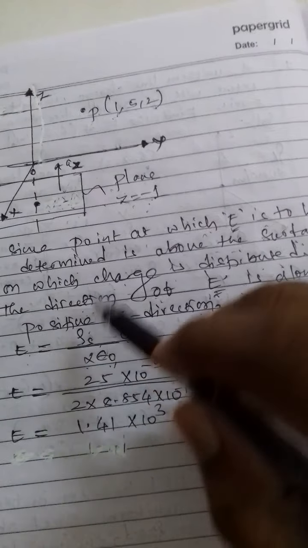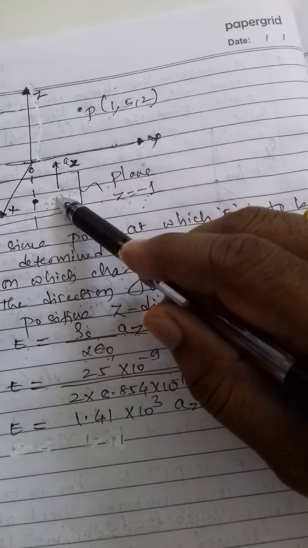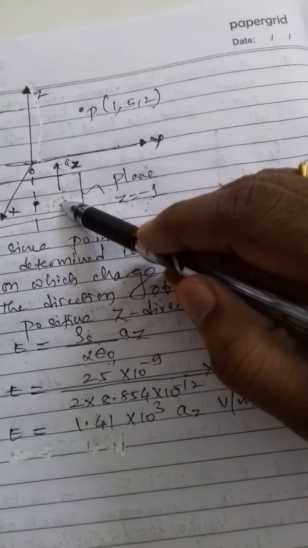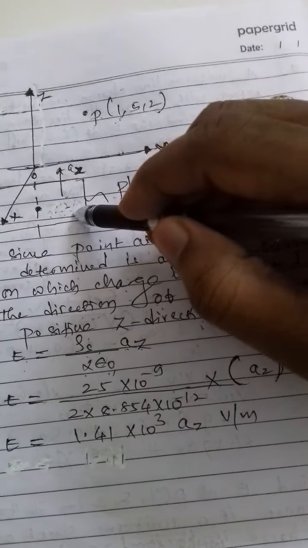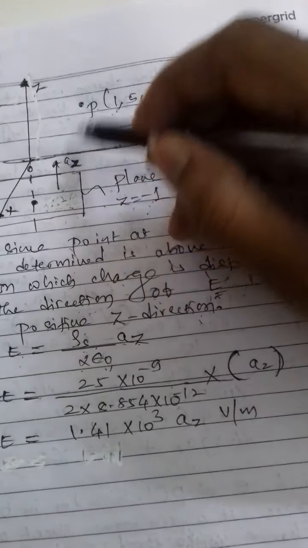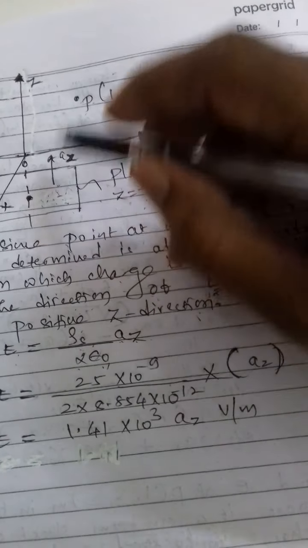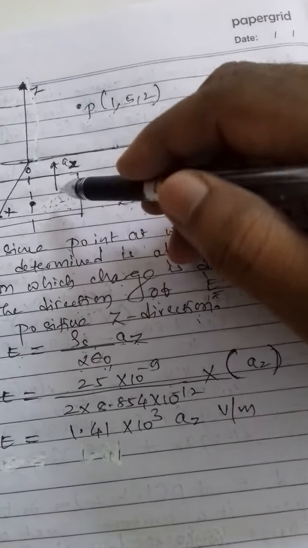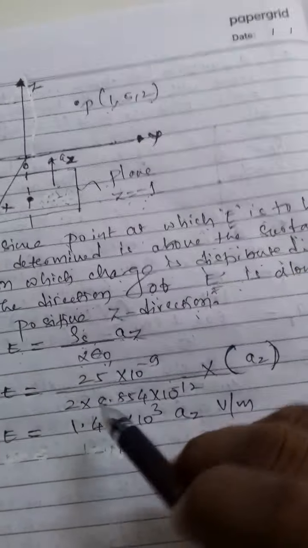It is totally independent of the distance of point P from the surface charge distribution. It just depends upon the direction in which the electric field intensity points, whether along the negative z direction or along the positive direction from the charge distribution.